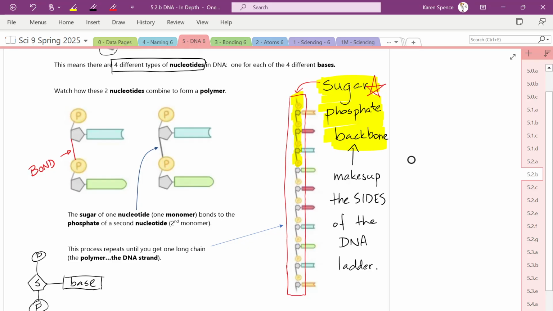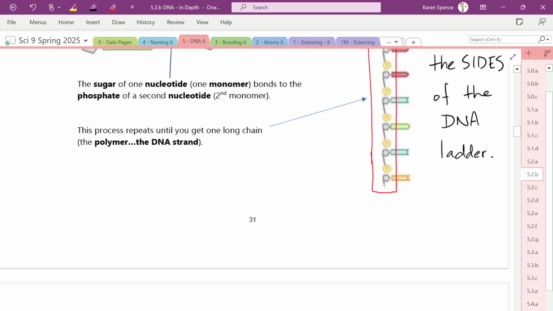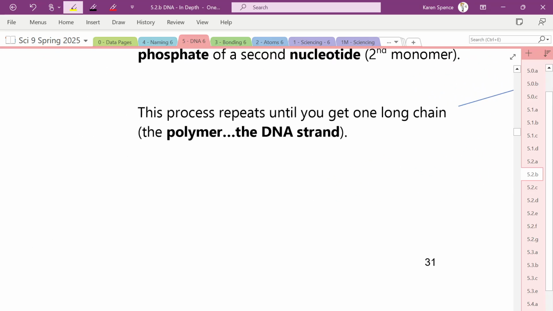So let's practice drawing a couple of nucleotides stuck together, but we're going to simplify it because we don't want to do that leaning to the side thing because it makes it difficult. Okay? So we're going to start with a phosphate. Phosphate, little circle.